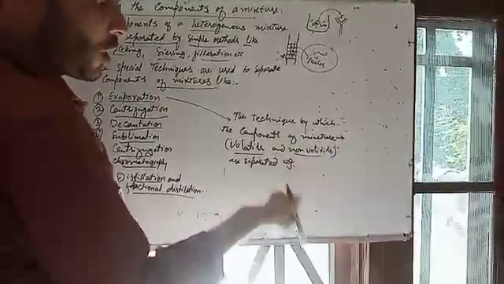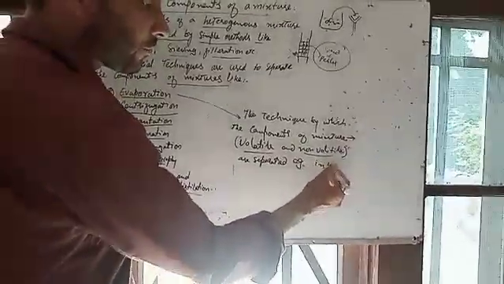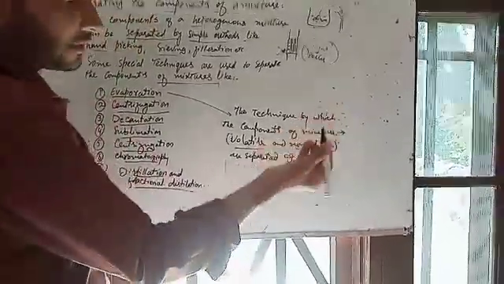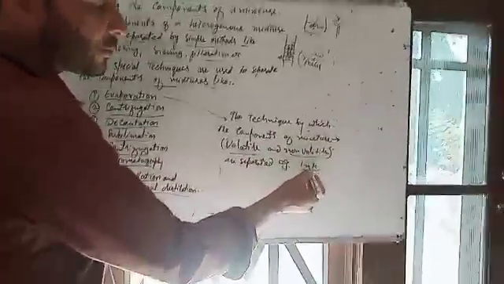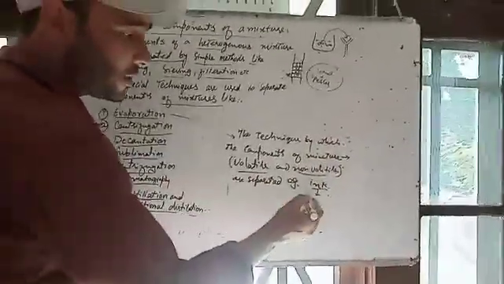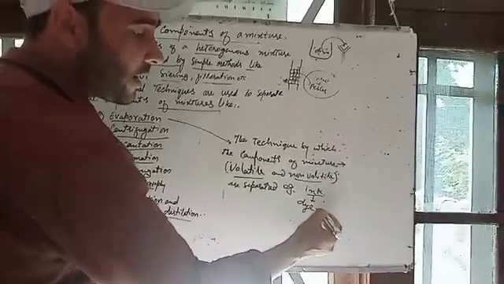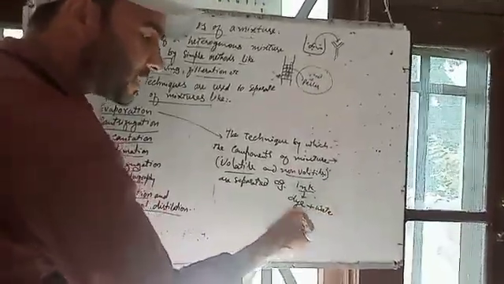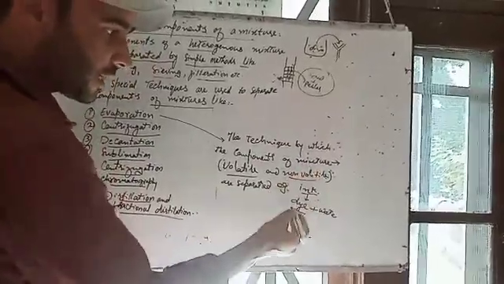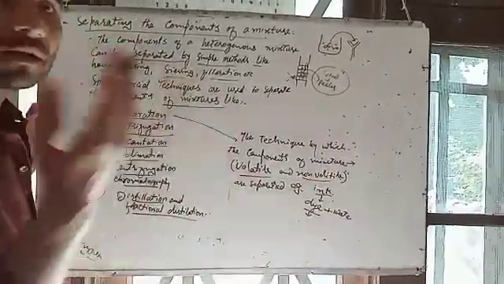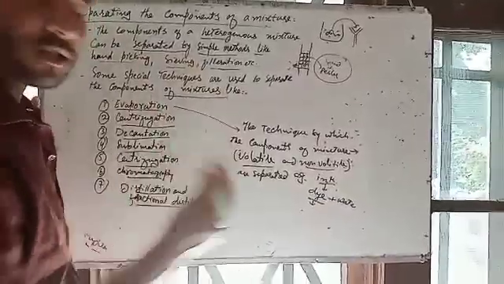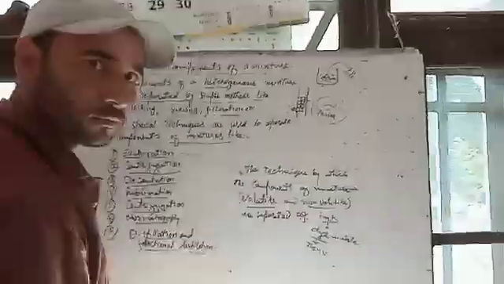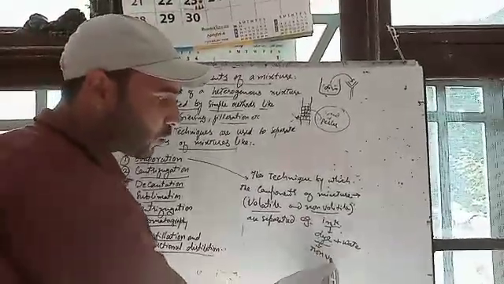An example is ink, the ink of this pen. The ink is formed of two substances. Number one is dye, and along with it is water. Dye is non-volatile. That means it does not evaporate. Dye does not evaporate, and salt does not evaporate.